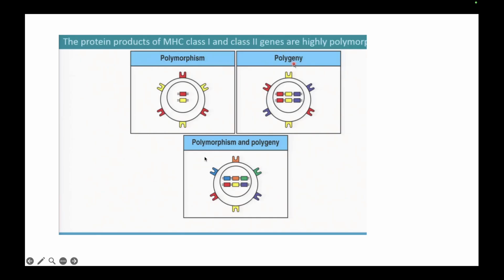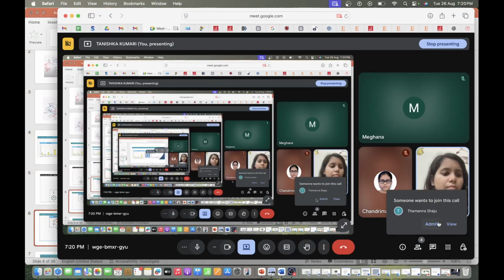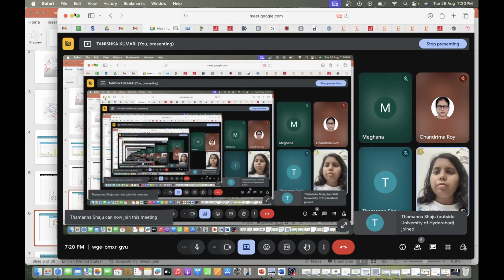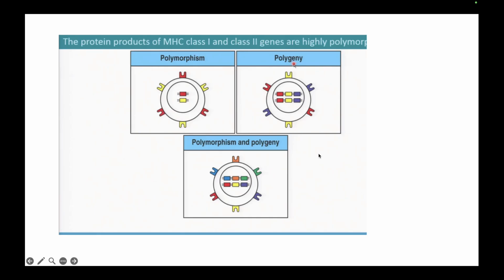Polymorphism and polygeny are showing together here: polymorphism, more than one variety of the MHC class gene, polygeny, more than one gene, as well as codominance, all of them being expressed on the surface.